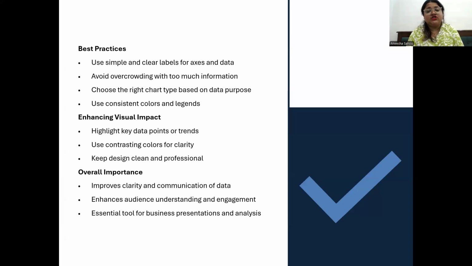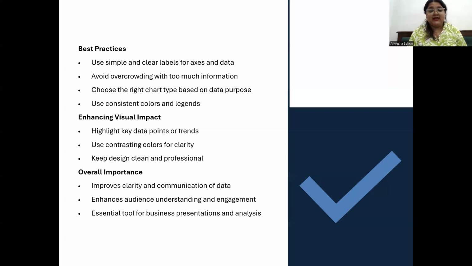The audience feels understanding and engaged with the speaker, and these are also an essential tool for business presentation and analysis. Mostly charts and bars are used for analysis of the data you have. It also gives a clear picture of the data in a very easy and visually appealing way.